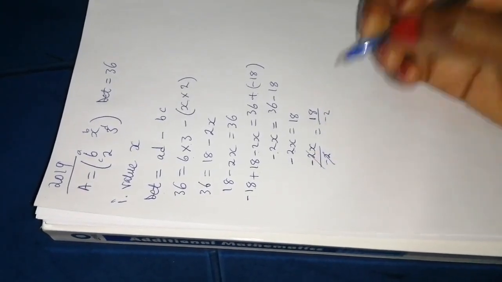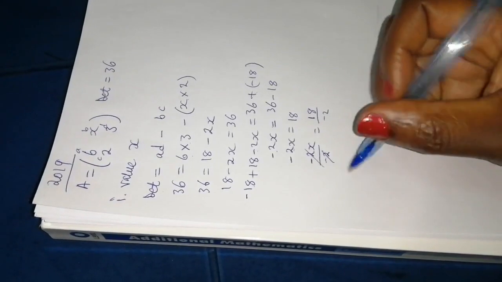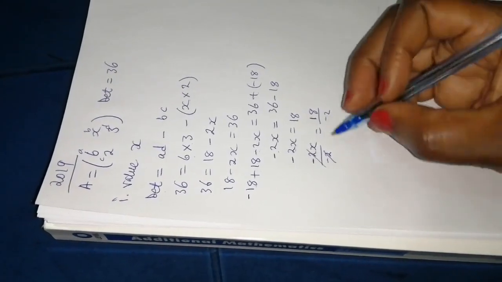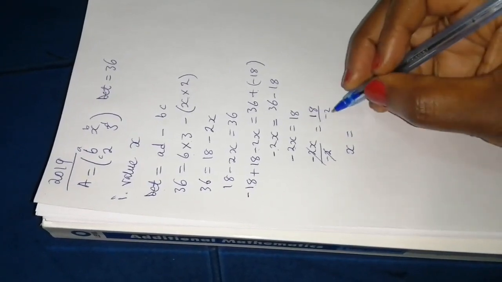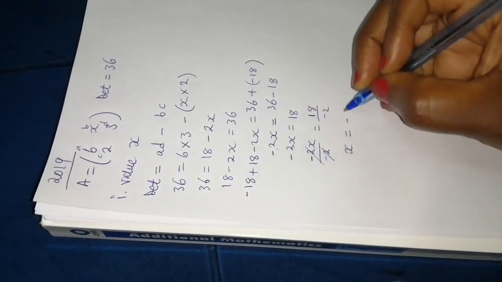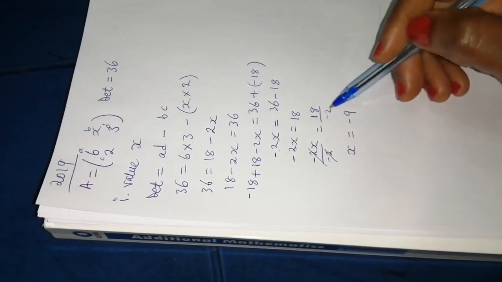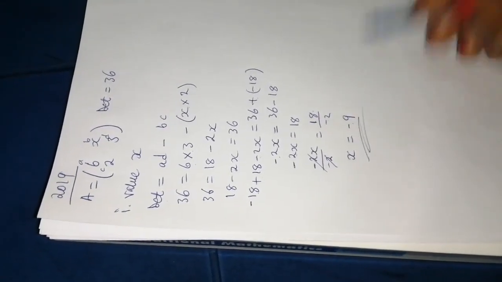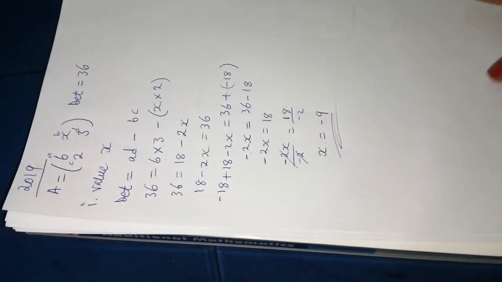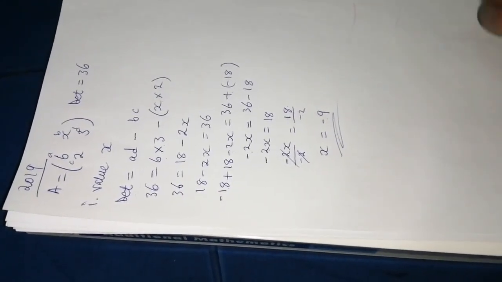So negative 2 divided by negative 2 is positive 1, times x gives us x equals 18 divided by negative 2, which gives us negative 9. 18 divided by 2 is 9, positive divided by negative is negative. So the value of x in this matrix is simply negative 9.